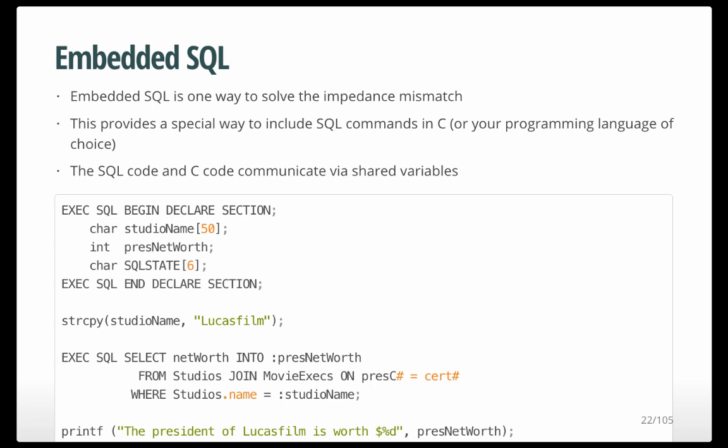You and I can read the code, so we see that it's Lucasfilm, but it could have been anything else that was placed in there. And then the result, that net worth, is stored in the presNetWorth variable, which is a C variable. So that's how the SQL and the C work hand in hand, and you bypass a lot of those problems we talked about earlier. The last statement is just a printf. That's just regular C code that is outputting the results.